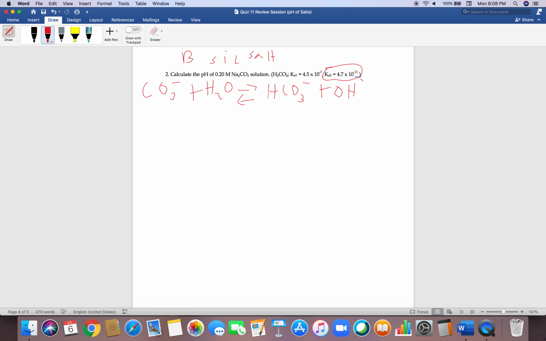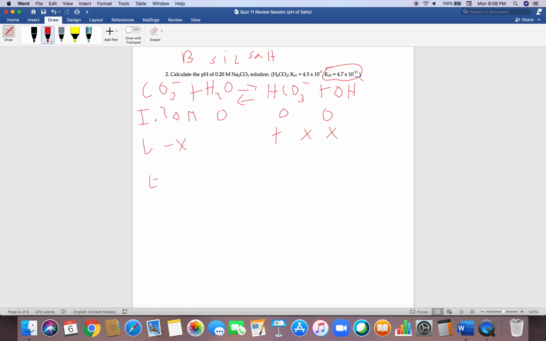So we're going to use this Ka in our calculations. Initially, what do I have? I have 0.2 molar, and I have 0 of my products. For the concentrations that I'm going to react, I'm going to lose X, but gain it on my product side.